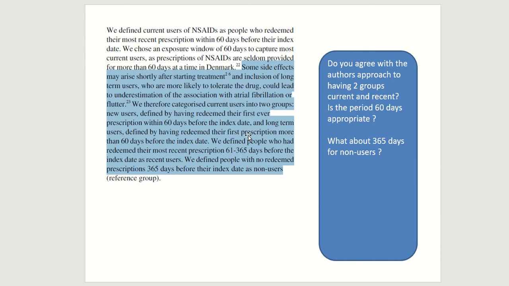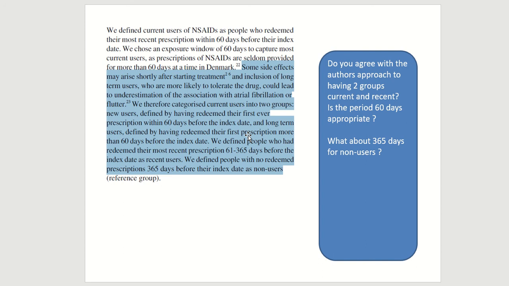We therefore categorized current users into two groups: the new user, defined by having redeemed their first ever prescription within 60 days before the index date, and long-term users, defined by having redeemed their first prescription more than 60 days before the index date. We defined people who had redeemed their most recent prescription 61 to 300 days before the index date as recent users. We defined people with no redeemed prescription as non-users.